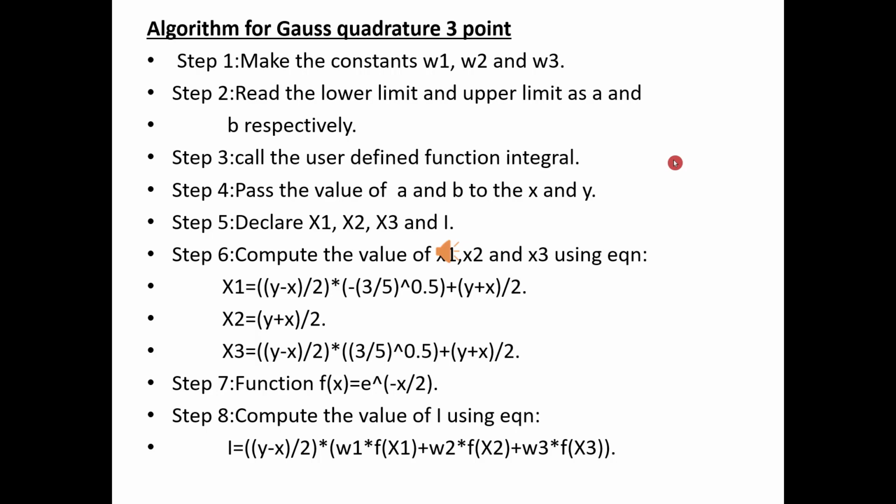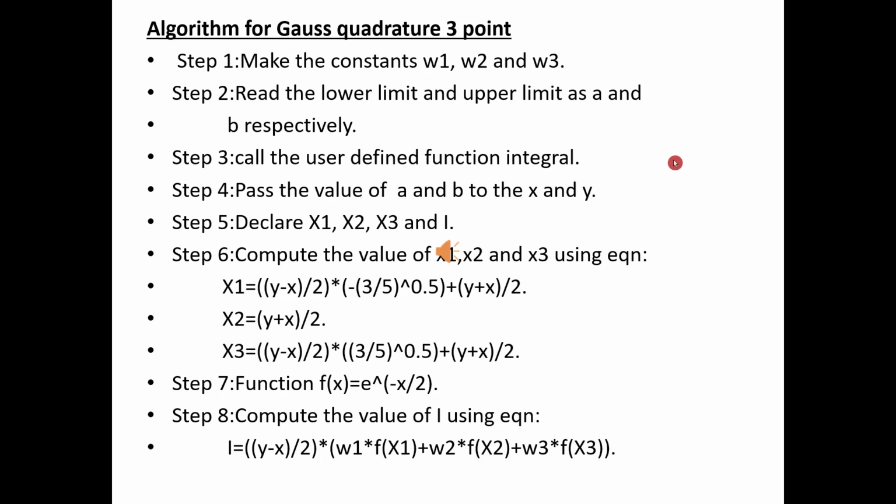Step 6. Compute the value of x1, x2 and x3 using the equations x1 equal to (y minus x) by 2 into minus (3 by 5) all raised to 0.5 plus (y plus x) by 2, x2 equal to (y plus x) by 2, x3 equal to (y minus x) by 2 into (3 by 5) all raised to 0.5 plus (y plus x) by 2.